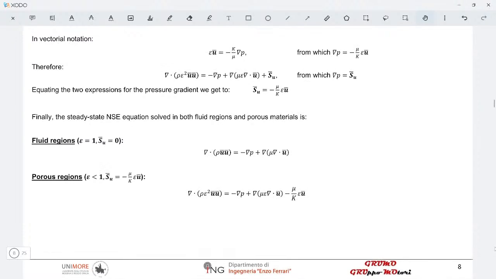Which, if we get back to the vectorial notation that we used at the beginning, means epsilon times the velocity vector equals minus K divided by mu times the pressure gradient, from which we can have an expression for the pressure gradient.